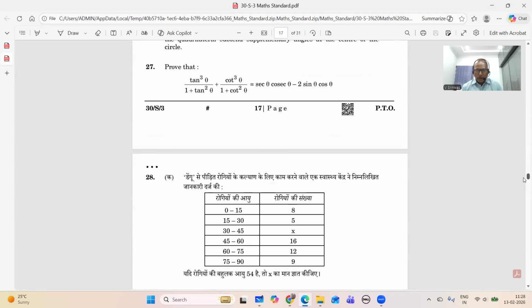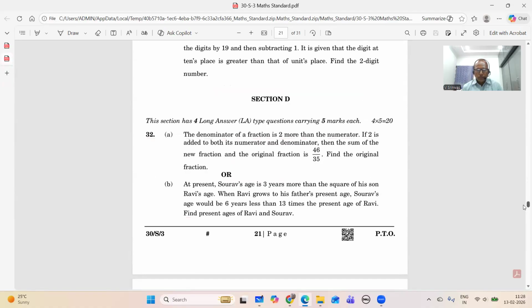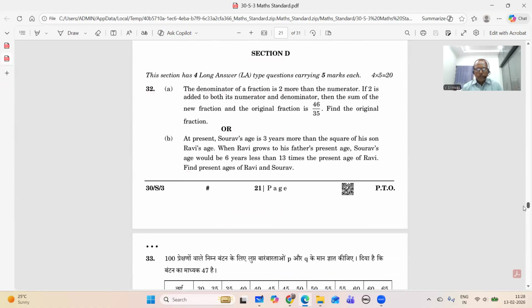Now I'll solve question 32A. In my last class, I ended up with solving 32A. Now I'll solve 32B.